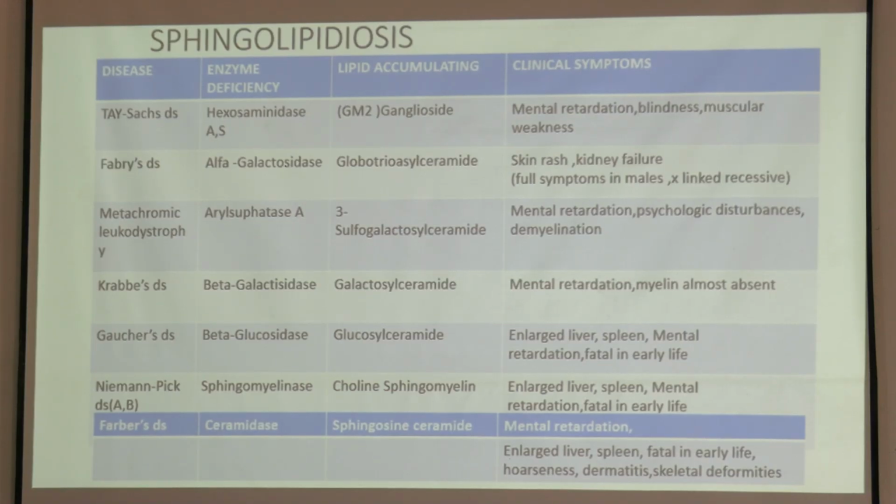Clinical symptoms are mental retardation, myelin almost absent. Fifth is Gaucher disease, enzyme deficiency beta galactosidase, lipid accumulating glucosylceramide. Clinical symptoms are enlarged liver, spleen, mental retardation, fatal in early life.